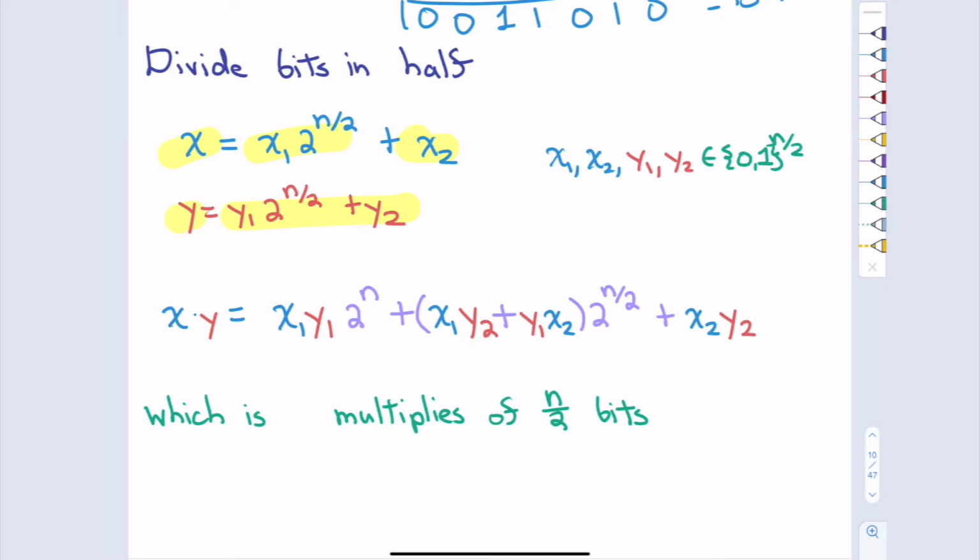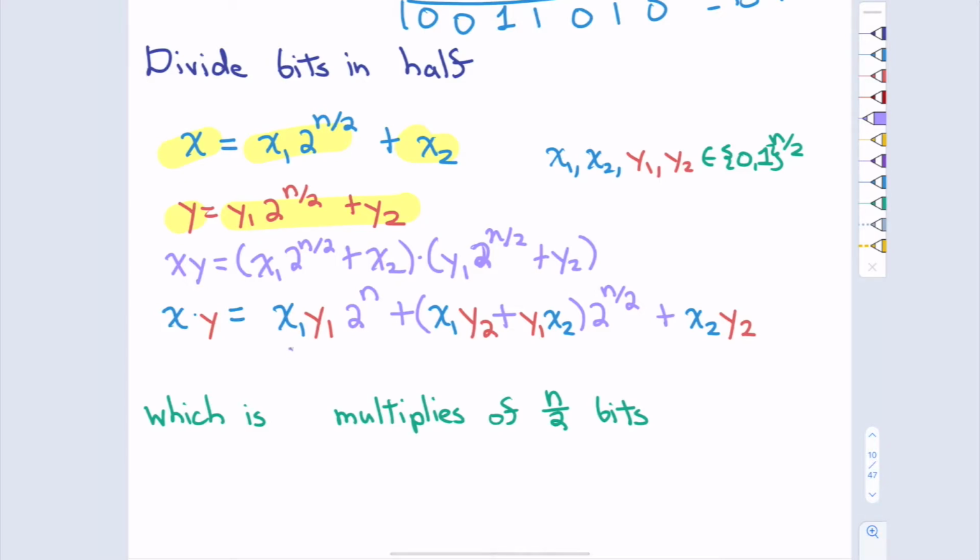But in terms of this notation, we have, in general, x times y. The part I didn't write would have been substituting in times y1 times 2 to the n over 2, plus y2. And if you expand this out, we get 4 products of our smaller bit strings.